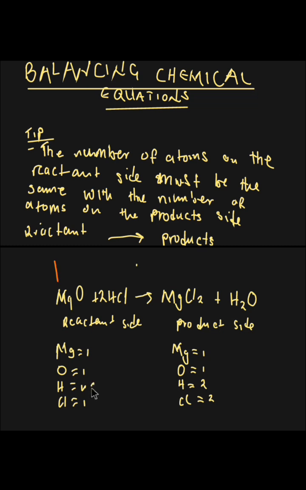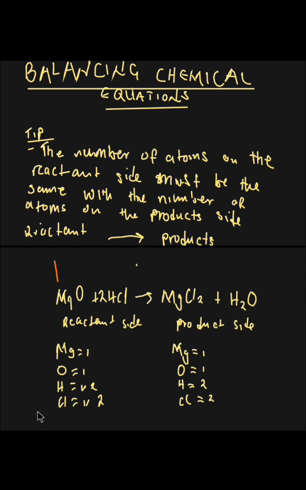So here you have 2. How many atoms of chlorine? You're going to have how many? 2 now. So when you compare, you realize that here you have 2 atoms of chlorine, 2 atoms of chlorine, 2 atoms of hydrogen, and 2 atoms of hydrogen.